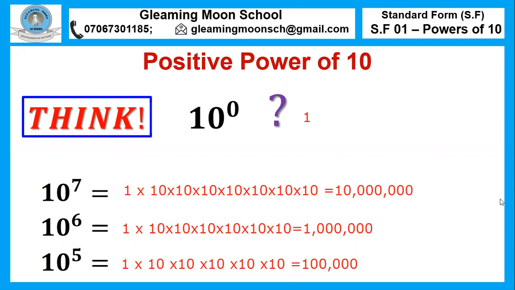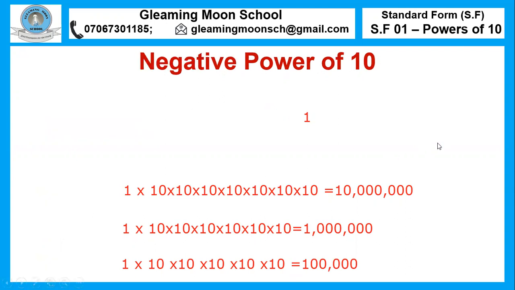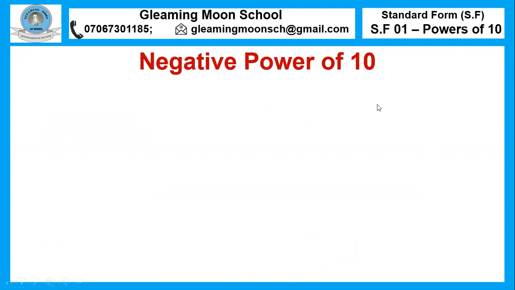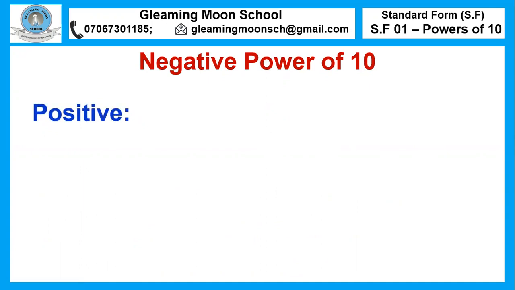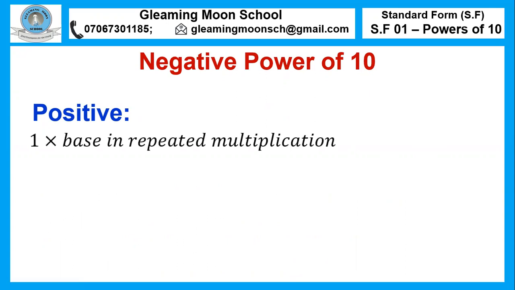Now let's move on to the negative power of 10. We have looked at the positive power of 10, and we're going to do a comparison between the positive and the negative. We looked at the positive power of 10 and we came out with a general rule: start from 1, multiply it by the base in repeated multiplication.